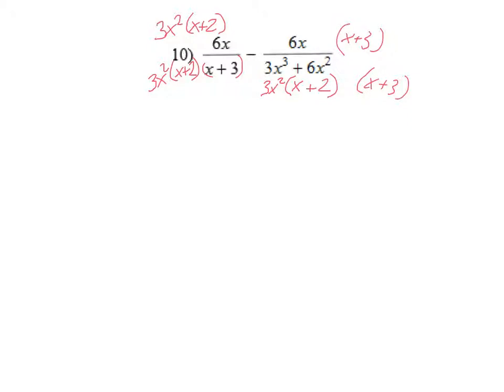Before I get too far, since it's a subtraction, I'm going to change that to plus a negative, and so I'll be distributing a negative 6. Here's what I've got then. Remember that we combined the monomial parts. This 6x and this 3x squared are going to get me an 18x to the third. That's going to get distributed to that x plus 2, all over the common denominator.